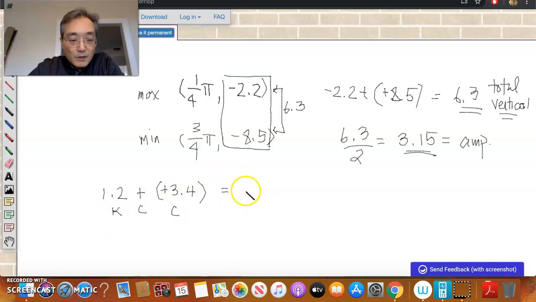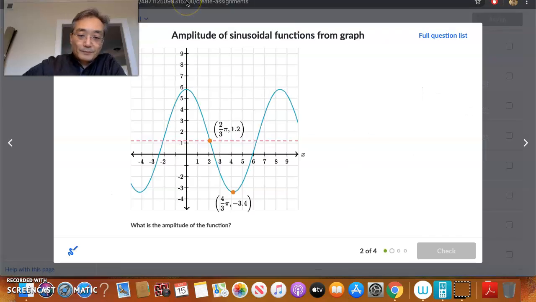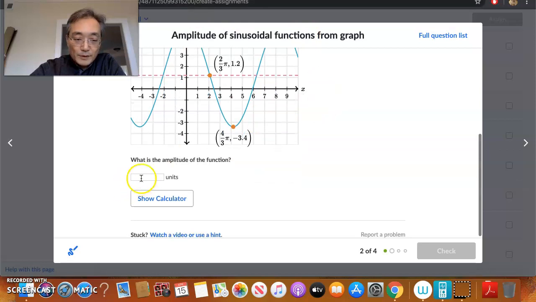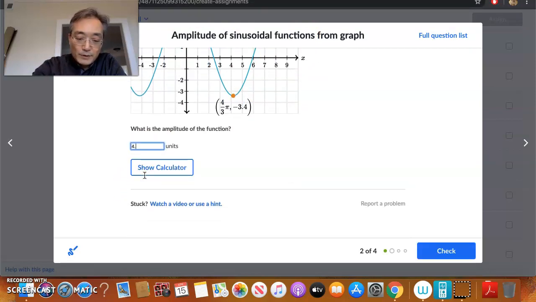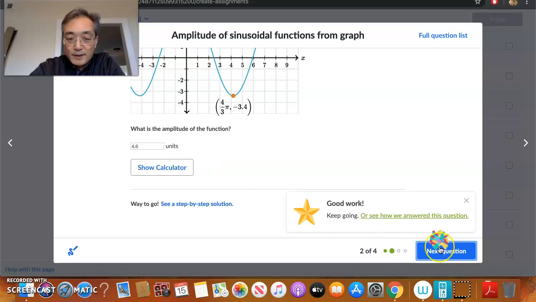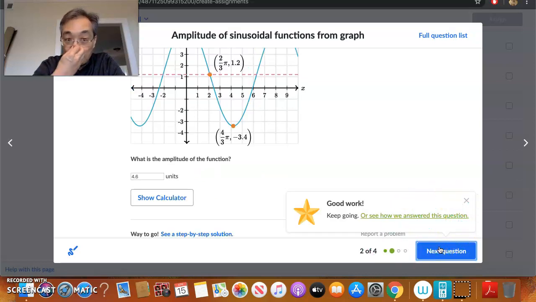So the total distance looks like 4.6, correct? Let's go up here and check. 4.6, and that is correct.